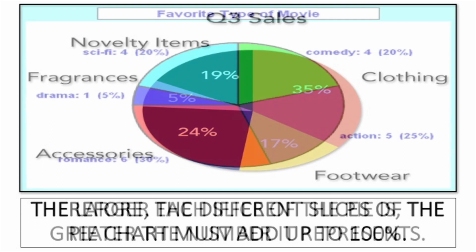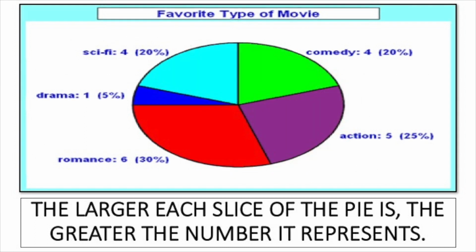Correct, guys. The larger each slice of the pie is, the greater the number it represents. Yes, the larger the slice, the bigger the number. The smaller the slice, the smaller the number.